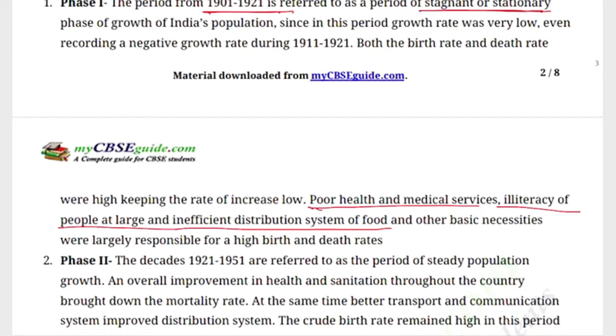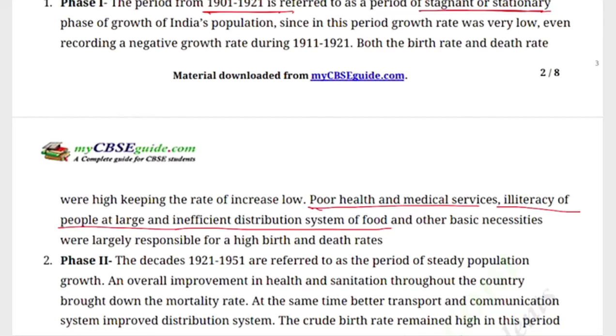Because the people were illiterate and there was the shortage of the distribution of the food, because the people were not getting the proper food, that's why the death rate was also high. Other basic necessities were largely responsible for the high birth and the death rates, and these are some factors which affect the death rate and the birth rate.